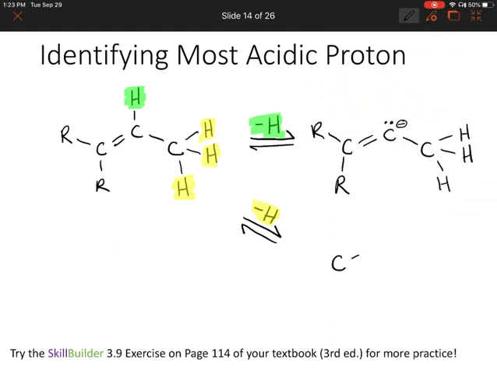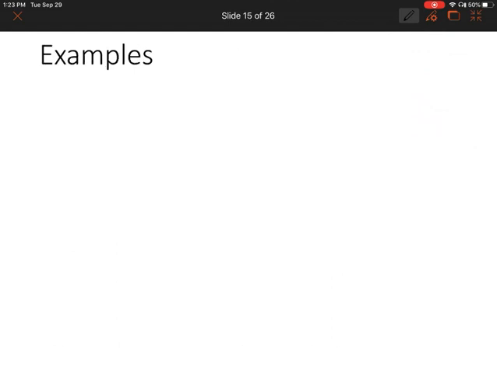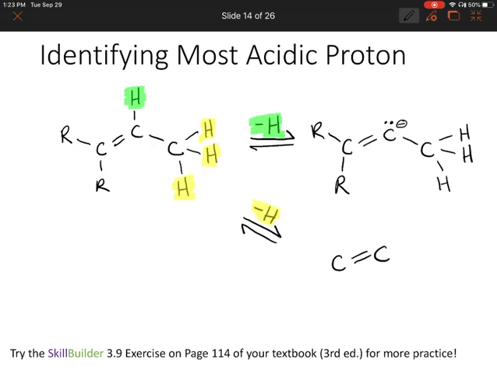So this time, that central carbon maintains its hydrogen, but the carbon on the right has lost a hydrogen. But it's gained an electron, so now it is negatively charged.